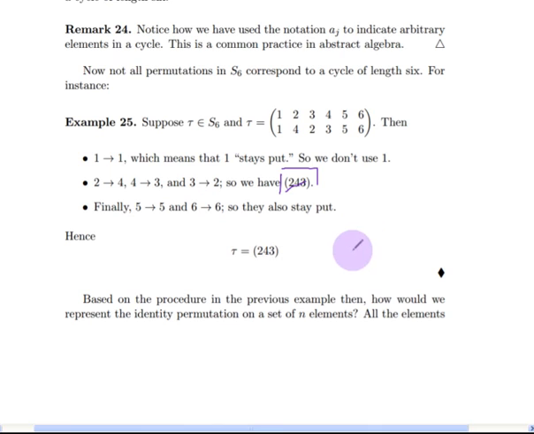So if I was going to represent this, I could arrange the points in a circle. 2, 3. It doesn't really matter where you put the points. 5, 6, like that. Now in this case, only 2 goes to 4, 4 goes to 3, 3 goes to 2, and all the others stay put. So in this case, we only have this small cycle instead of a big cycle involving all of the points.